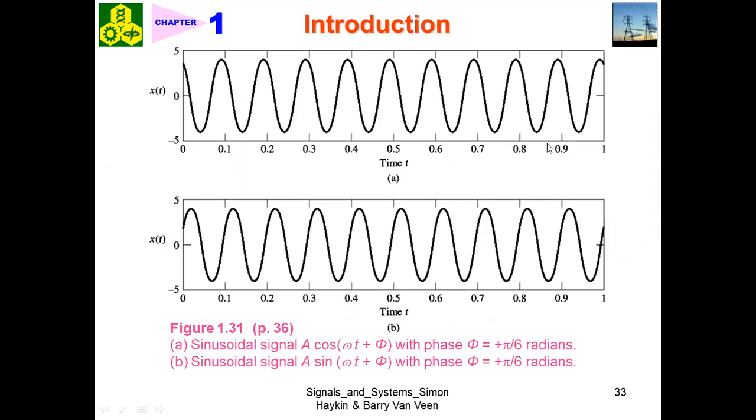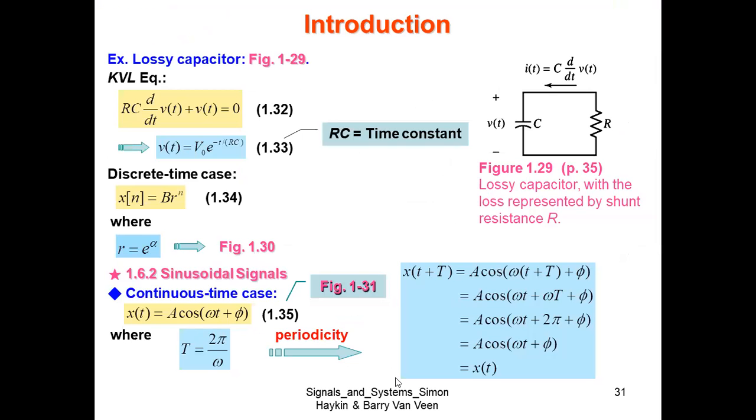Now let us go to the next elementary signal, the sinusoidal signal. So what are sinusoids, by the way? We studied this in our physics: A cos omega t, where omega is also equal to 2 pi f.